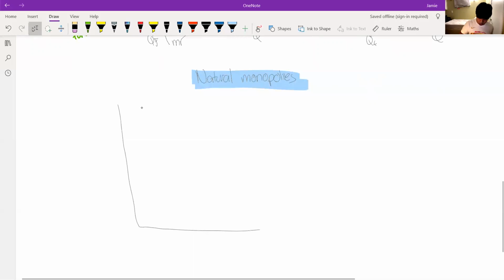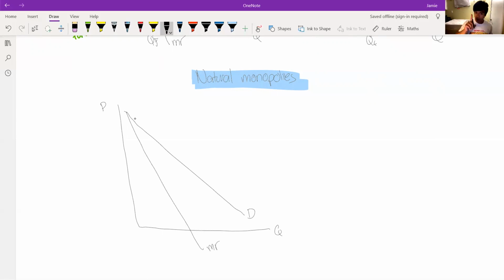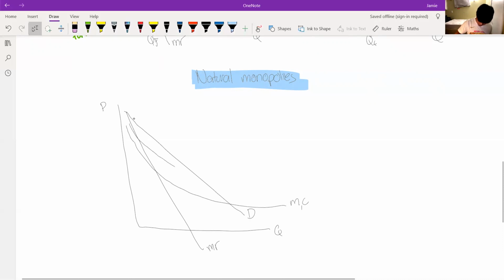Nothing crazy with a natural monopoly. Same thing: demand, marginal revenue, marginal cost is going to be downward sloping like this. Average total cost is going to be downward sloping like this. And you're probably wondering why.